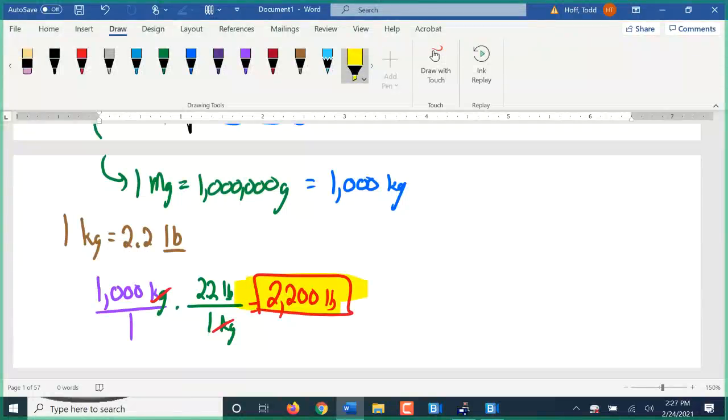It's a little bit larger, but that is very, very close to our standard ton, 2,000 pound ton. Because of that, the 1,000 kilograms, or the megagram, is often referred to as 1 metric ton.